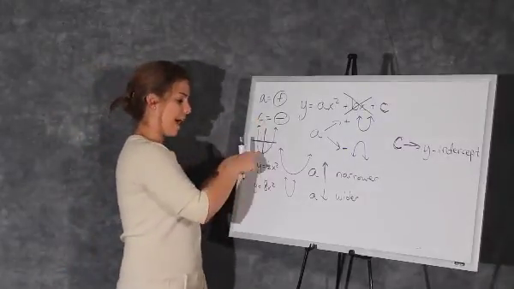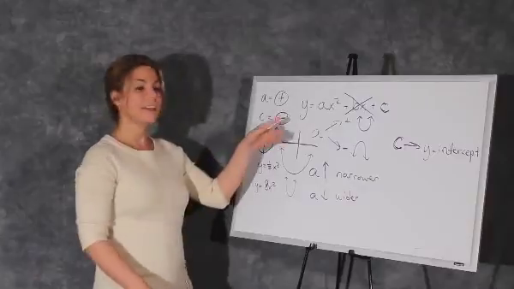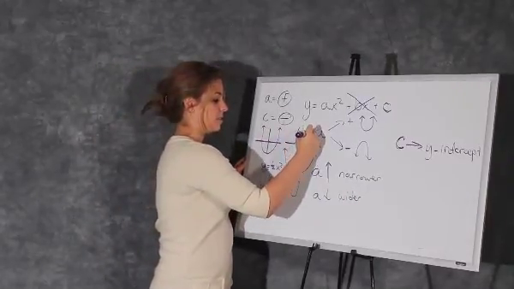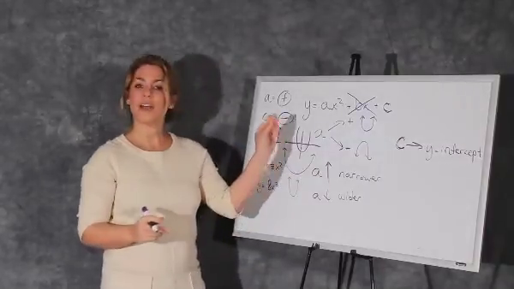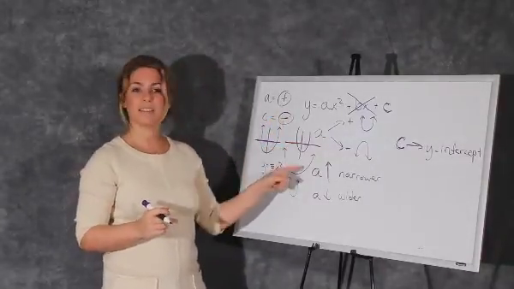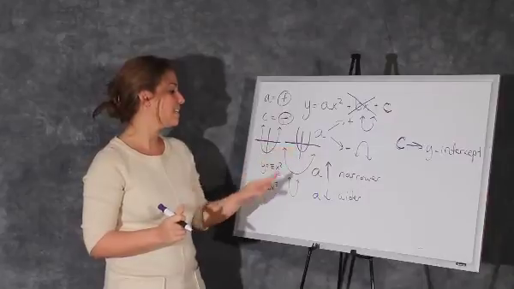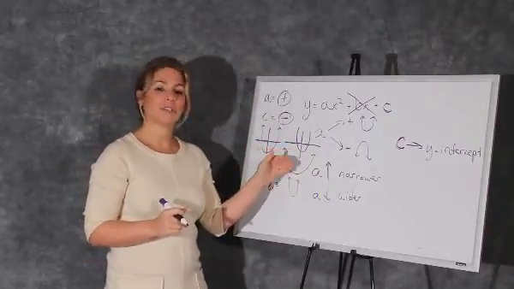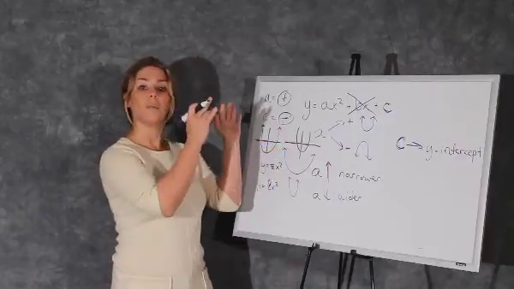So it could look like that, or it could look something like this. So it doesn't matter how narrow, how wide, where on the y-axis it hits it, as long as you know that it's going to hit it on the negative portion of the y-axis and open upward.